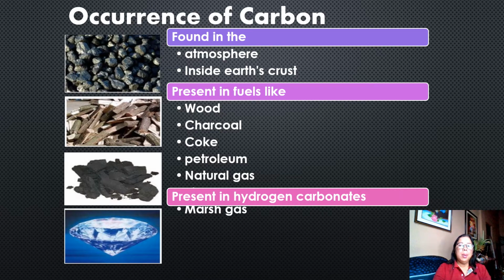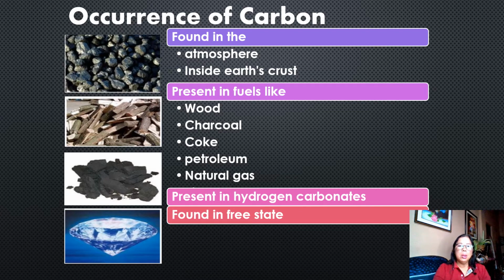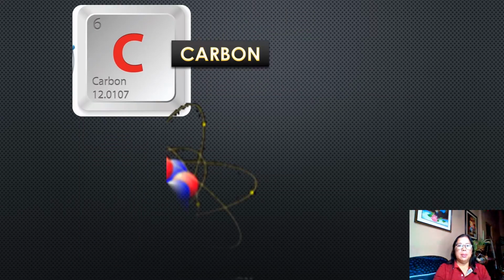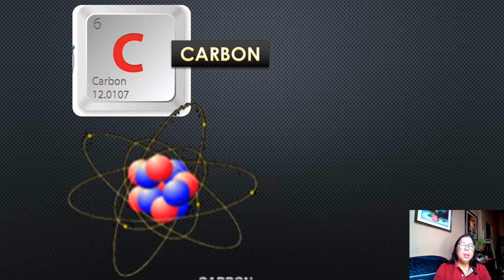Carbons are also present in hydrogen carbonates. They are also found in precipitate as carbonates. So this could be found as your diamond, which is a pure carbon, the graphite, and also the polarites. Now this is your carbon.